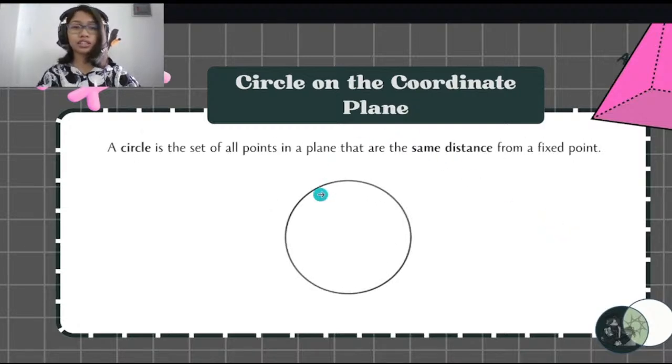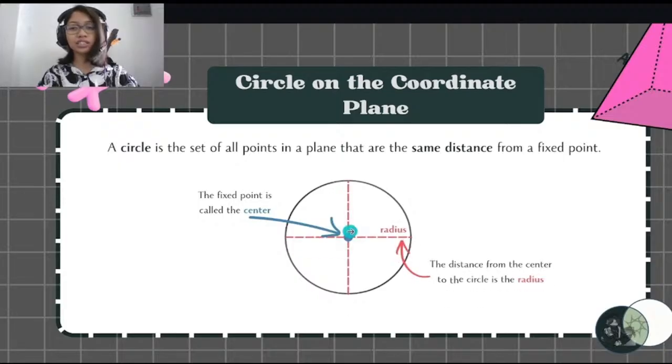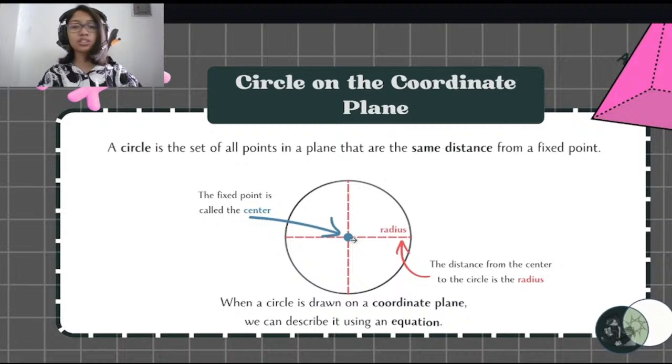A circle is the set of all points in a plane that are the same distance from a fixed point called the center, and the distance from the center to the circle is called the radius. When a circle is drawn on a coordinate plane, we can describe it using an equation.